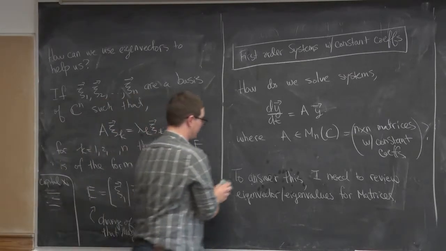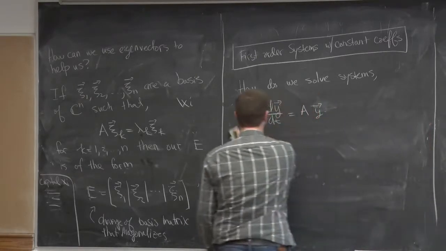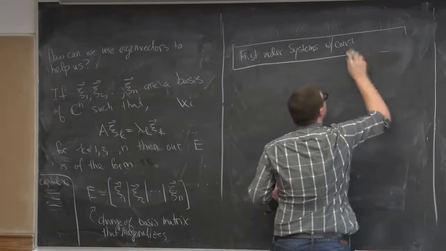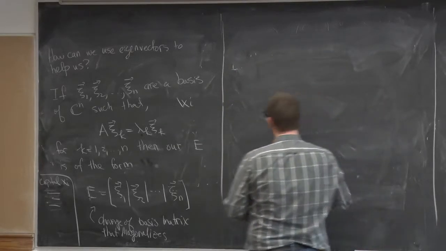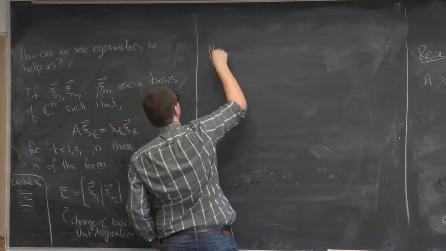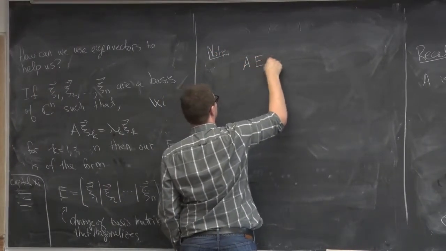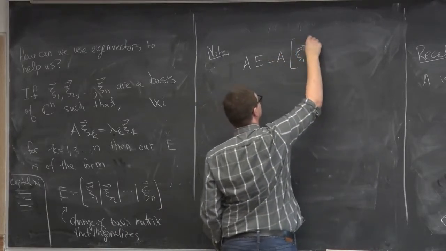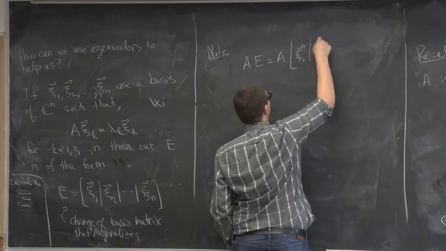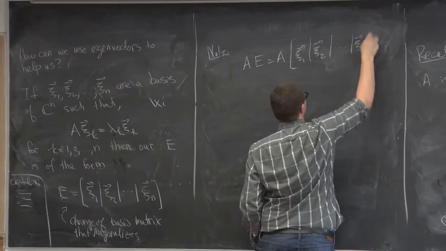Let me show you how this works. I'm not sure if they show you how to do this, but note that A times this matrix E, this is A, and then we write the column vectors like this. I find this kind of presentation very useful when thinking about matrix multiplication.